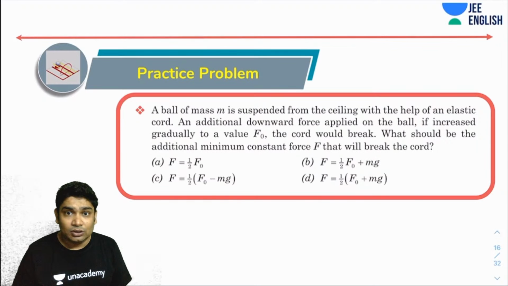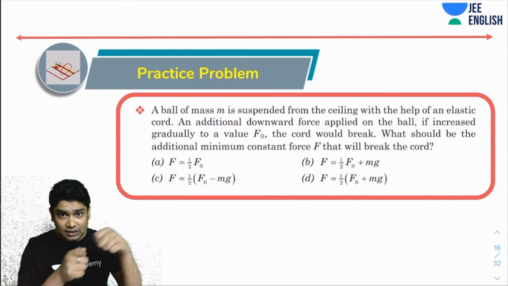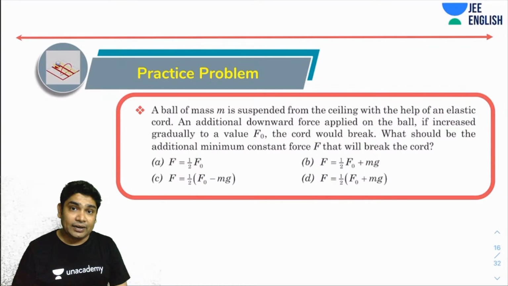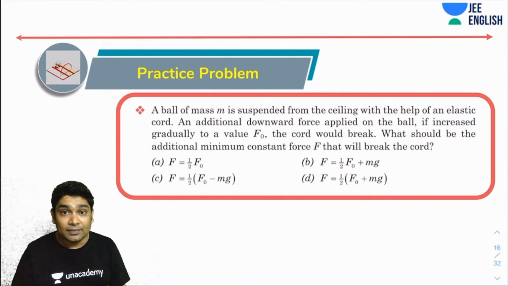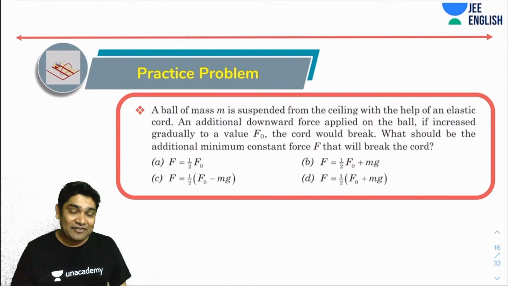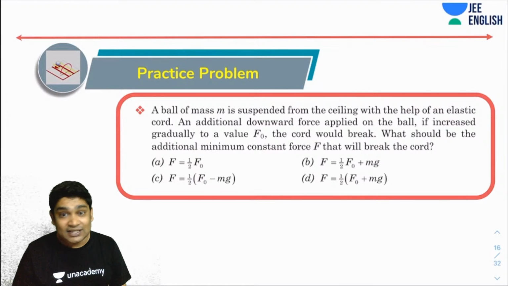In case you don't know, let me give you a hint: you need to stretch it by a certain amount in order to break it. This is your hint. If you can stretch it by some amount, let's say x1, it will break. So to break an elastic, you have to stretch it by some minimum amount. Okay, so what constant F would make sure that it produces the same extension as a gradually increasing F naught would have produced?